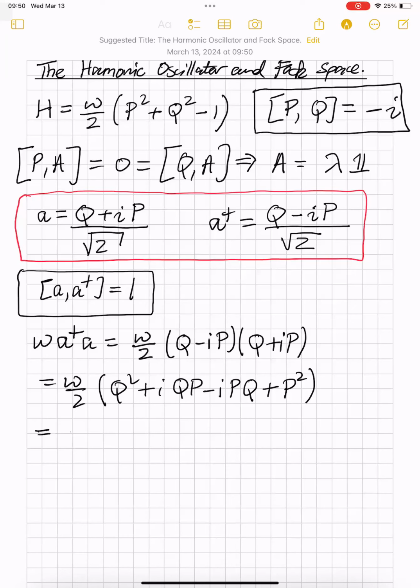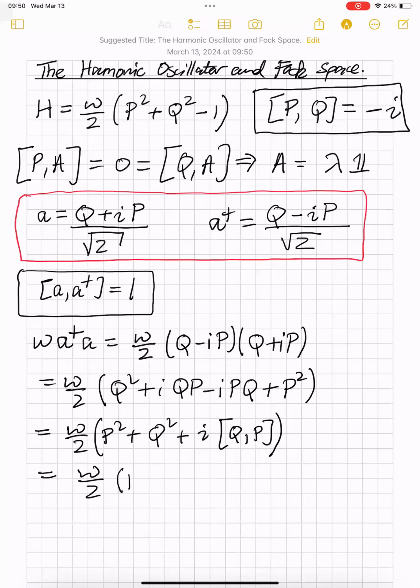Well, this is equal to omega over 2. I've got the p squared, I've got the q squared, and then I've got plus i. If I take this i out, you see I've got qp minus pq. So that's just the commutator of q with p. We know that the commutator of p with q is minus i, so the commutator of q with p will be i. And i times i is minus 1.